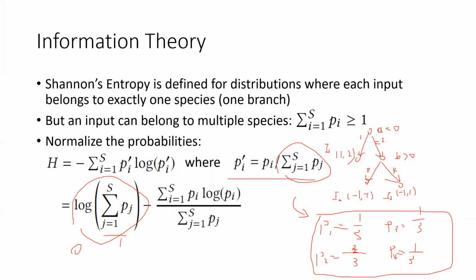As in, it can be more than 1. Oh, sorry, my bad. So the sum of p'_i is supposed to be 1. Okay, it's over 1. Thanks, Aaron.